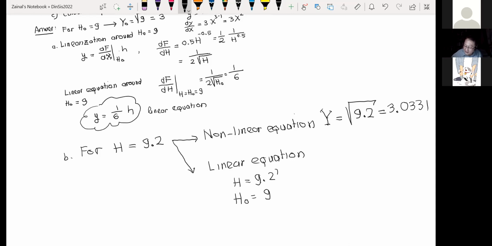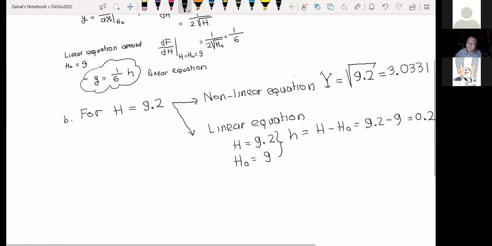It means that h, small h, is equal to h minus h0, which is the same with 9.2 minus 9, you get 0.2. Right?